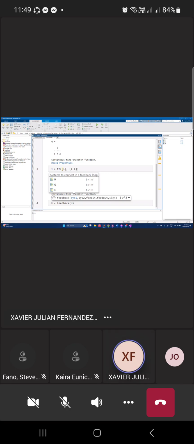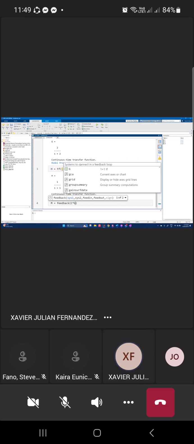System 1 is G_e, the controller cascaded with the plant transfer function.